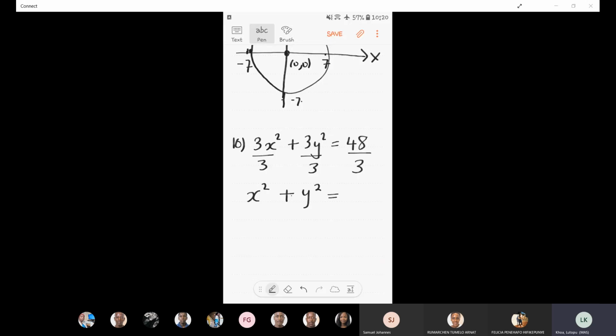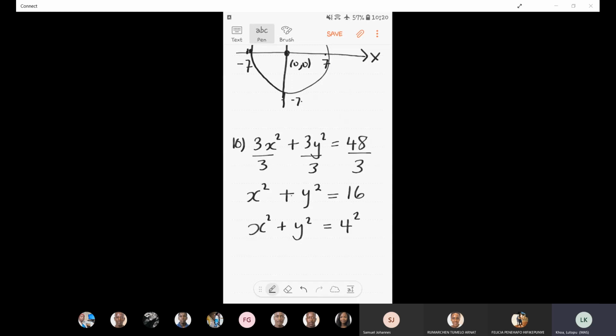This 48 divided by 3, what does that give us? 16. Yes, ma'am, 16. So this is a perfect circle. So x squared plus y squared is equal to 4 squared.